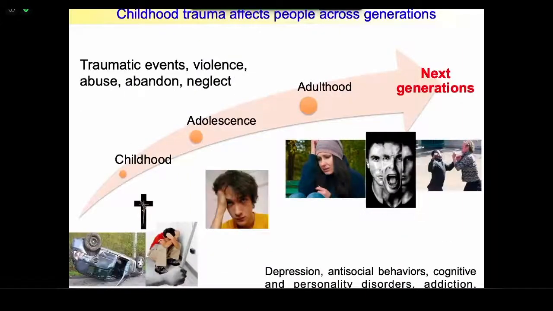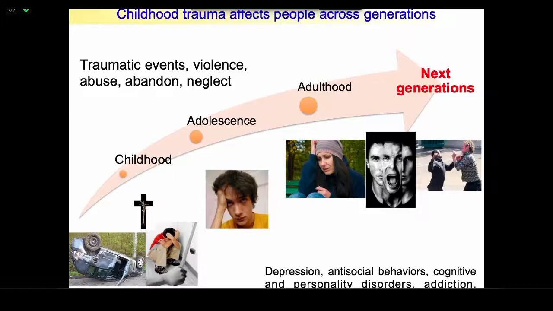Because in neurobiology or in psychiatry, childhood is a very critical period, and there are many psychiatric disorders which are induced or caused, or which are the consequence of traumatic experiences, being traumatic events, violence, abuse, physical abuse, sexual abuse, abandonment, neglect in childhood, and which lead to symptoms which persist across life, and very often diseases like depression, antisocial behaviors, personality disorders, which are associated with childhood trauma, and the comorbidities, including cardiovascular diseases and cancer.